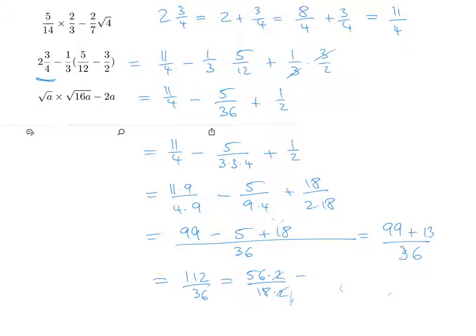We can simplify this even further. So 56 is actually the same as 2 times 28 divided by 9 times 2. Then I can erase the 2 here. And then 28 is actually the same as 4 times 7 divided by 9. But now it's not possible to simplify this further, so we just write here that our result is 28 divided by 9.